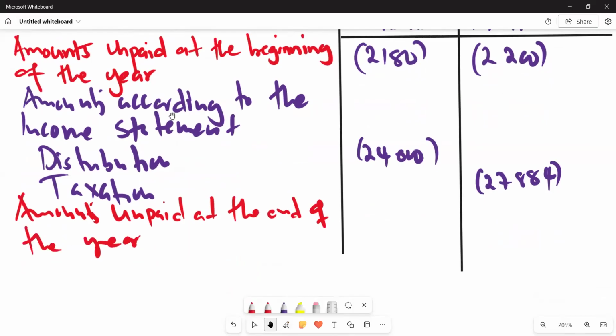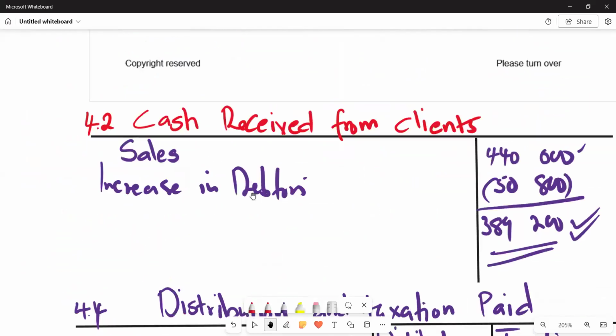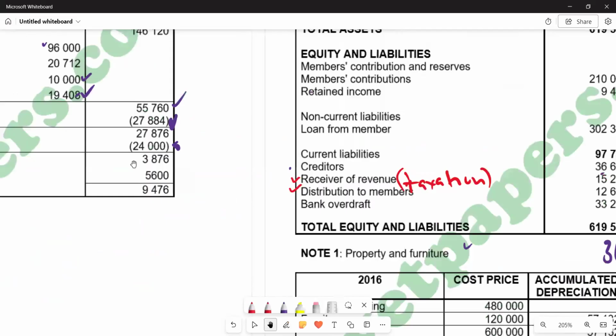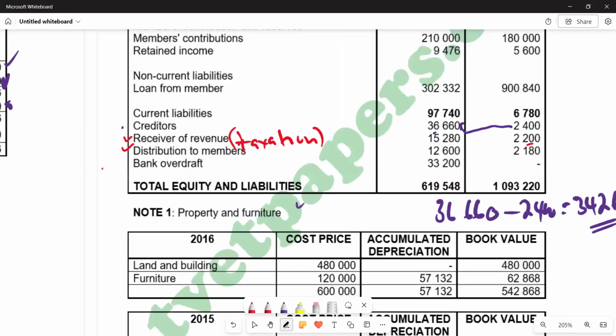So we can go there and find them again in the statement of financial position. Remember, we identified them in the beginning. We have this one and this one. So at the end, it's now 15,280 for taxation, and then we've got 12,600 for distribution to members. In this case, at the end, we are not going to subtract them like we did at the beginning.